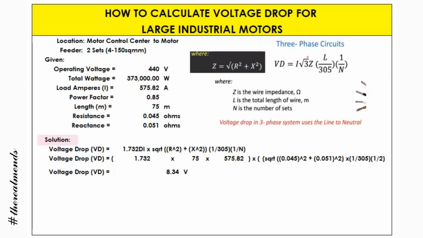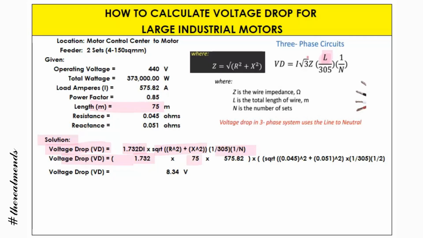So simply voltage drop VD is equals to 1.732 times D times I. So yung D, ito na yung length, times square root of R squared plus X squared times 1 over 305, and then times 1 over N. Okay, so VD is equals to 1.732. Yung distance or yung length we have is 75 meters.